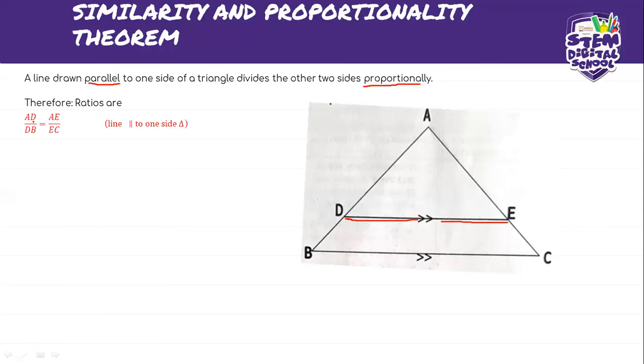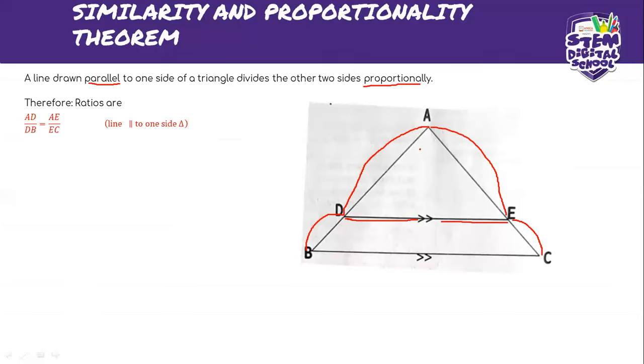Then let's study this. They are saying AD, where is AD? This is AD, AD divided by DB equals AE divided by AC. Can you see that?